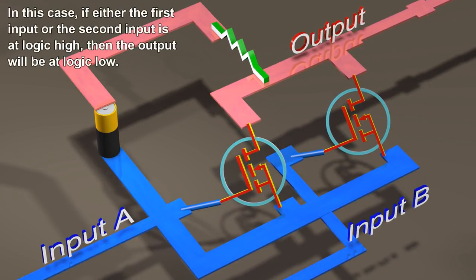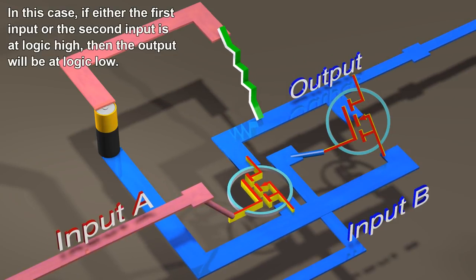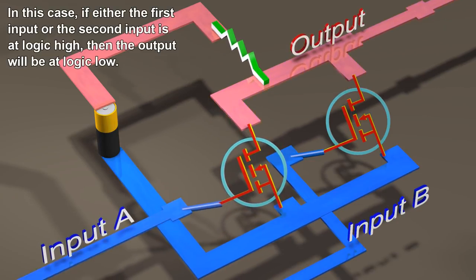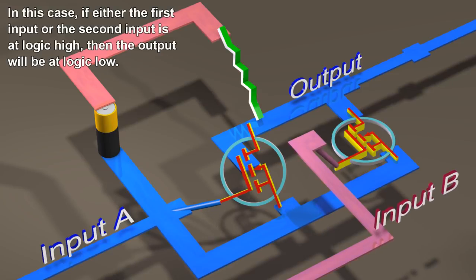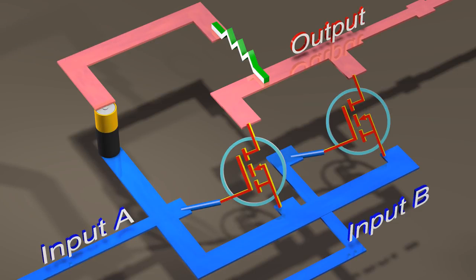In this case, if either the first input or the second input is at logic high, then the output will be at logic low. This is what we refer to as a NOR logic gate.